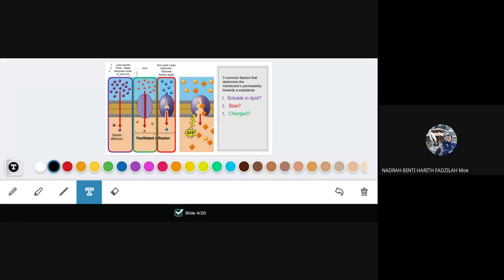Apa ion yang negatively charged yang kita selalu guna juga dalam badan kita kan? Okay, K plus dengan Na plus seperti yang ditulis oleh Nisa, yang ditulis oleh Rahil, Anissa pun dah start tulis. Siapa lagi ni?